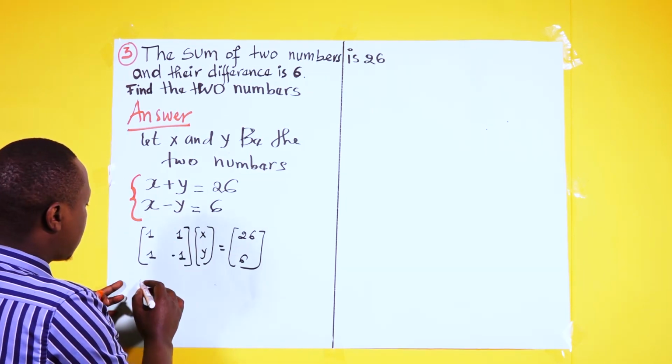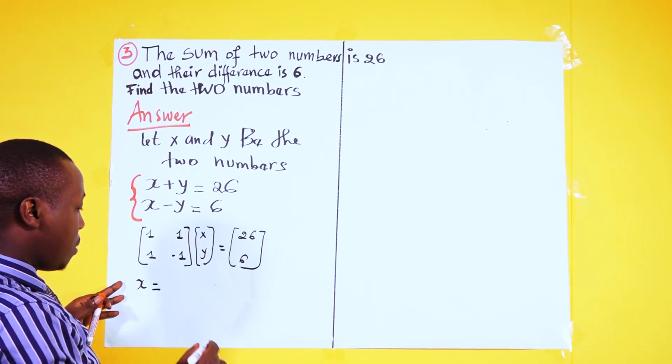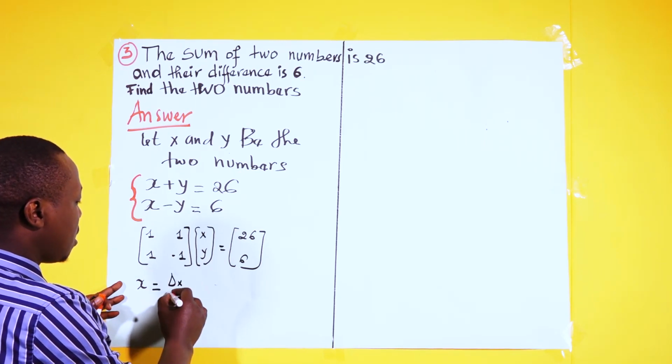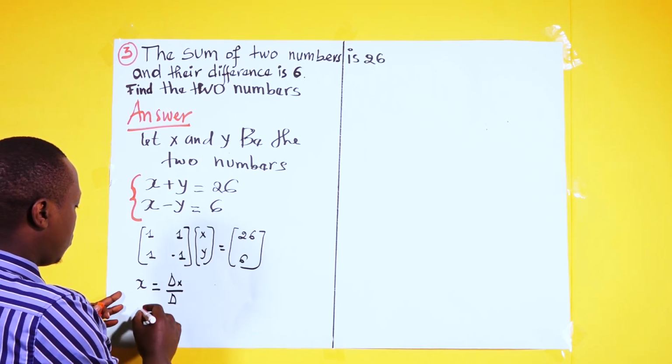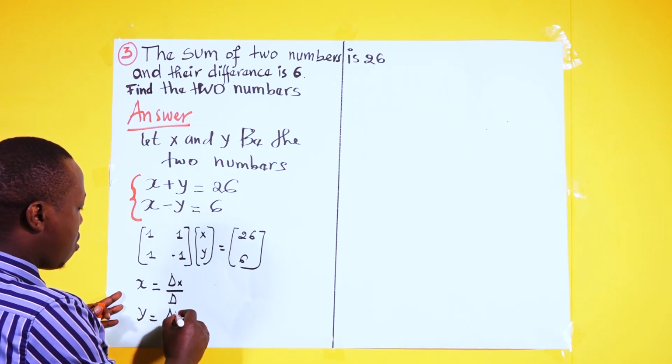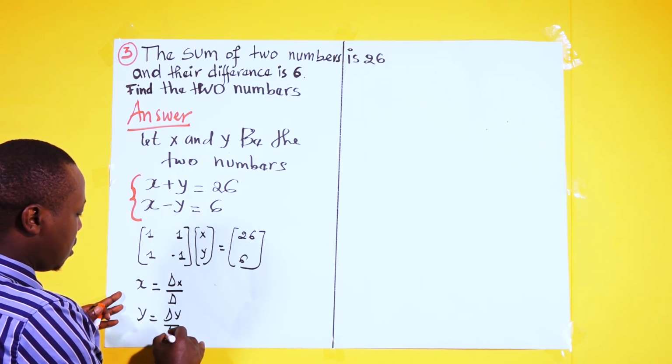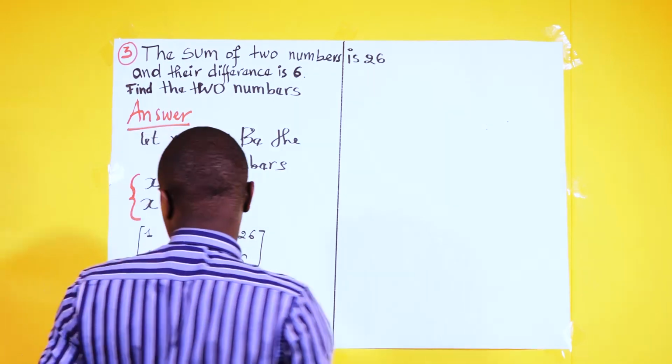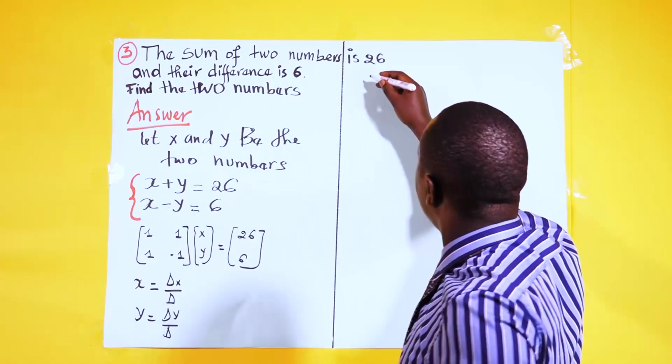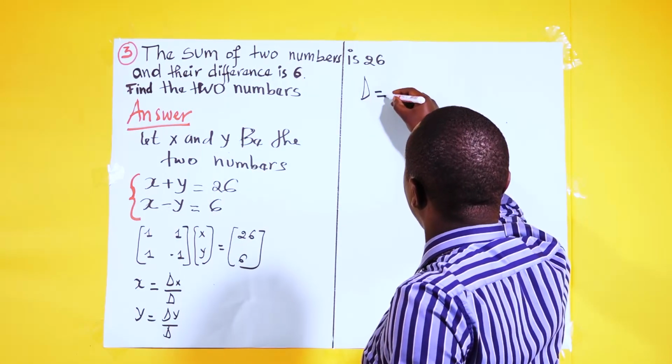Remember, to find x, it is the determinant of x over D. To find y, it is the determinant of y over D. So we are going to find the determinant. How do you find the determinant?